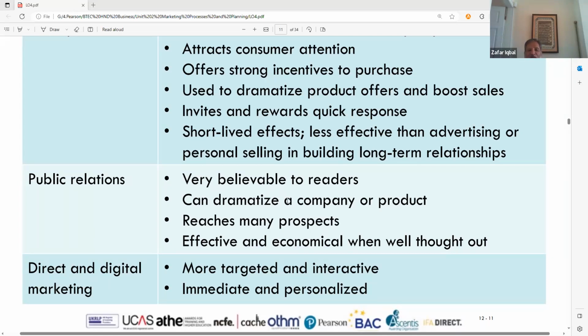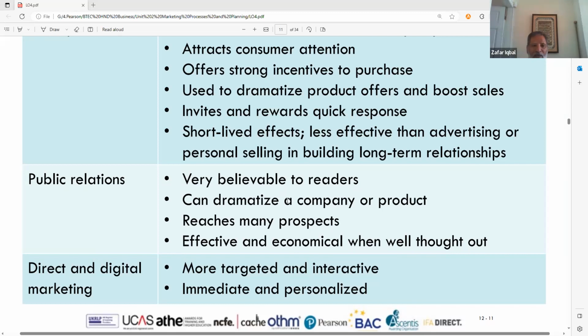So you can create a public relation, so it reaches many different people very quickly, very economically, and very well thought out campaign. Okay, it creates a PR, public relation, effective, and it's very believable to readers.